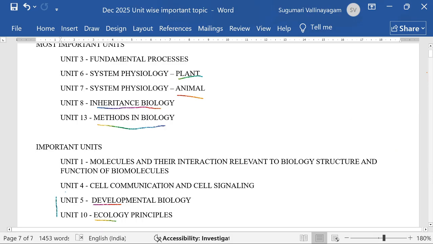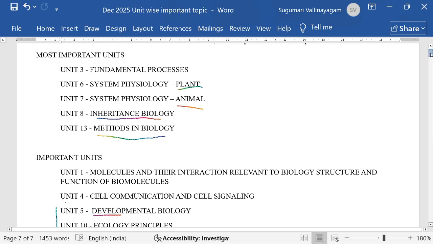First cover the first 5 units: fundamental processes, system physiology of plants and animals, and inheritance biology and methods. Then go for the remaining units. If we cover this, we can definitely get more marks and clear the CSIR examination. So refer to this priority and get more marks. All the best. Thank you.